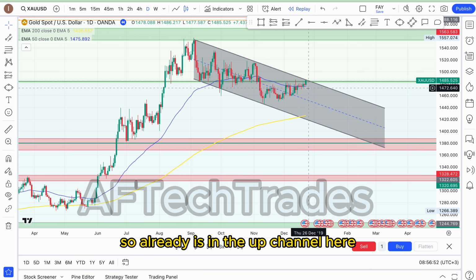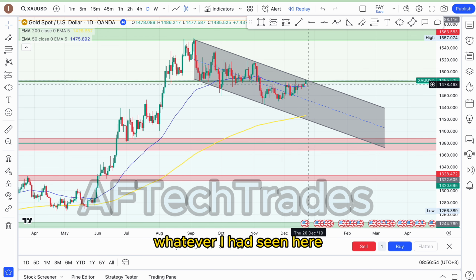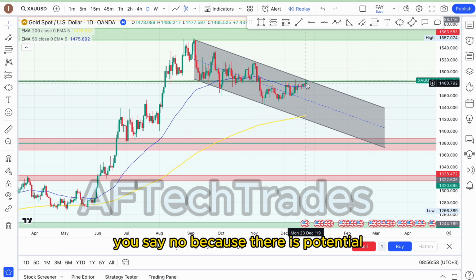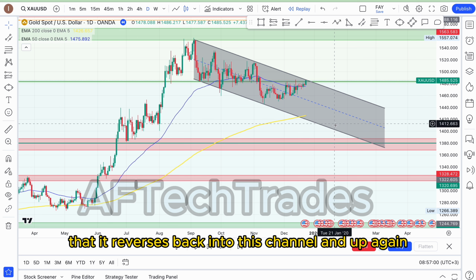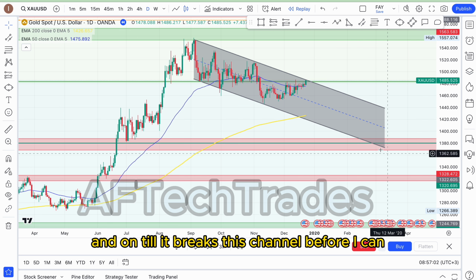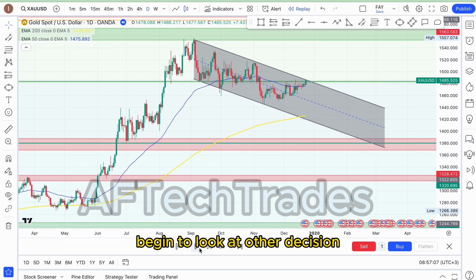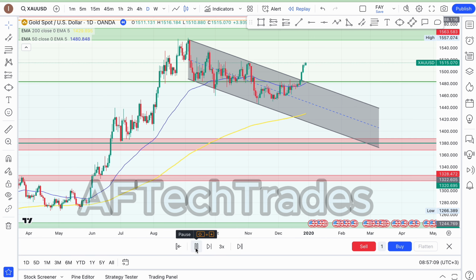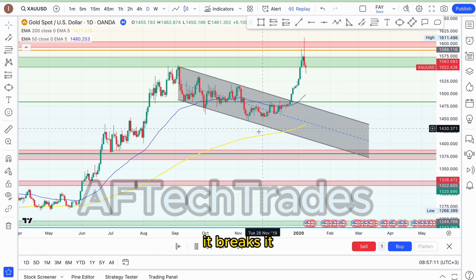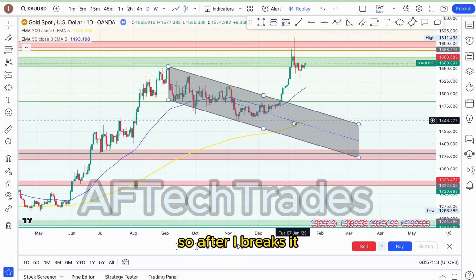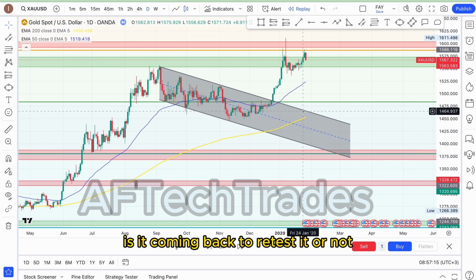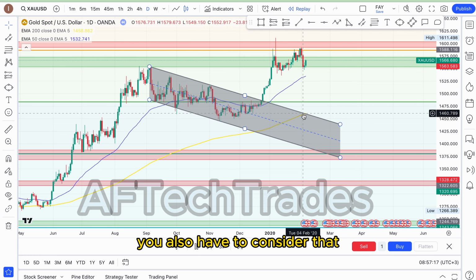So already it's in the up channel here. Is it okay for me to enter? It's a no, because there is potential that it reverses back into this channel and up again, and until it breaks this channel I can't begin to look at other decisions. This is price action. Now it breaks it here. After it breaks it, is it coming back to retest it or not? You also have to consider that.